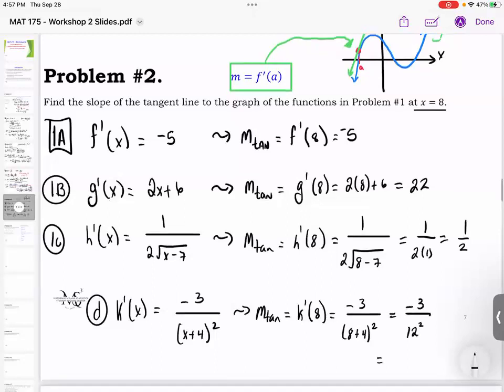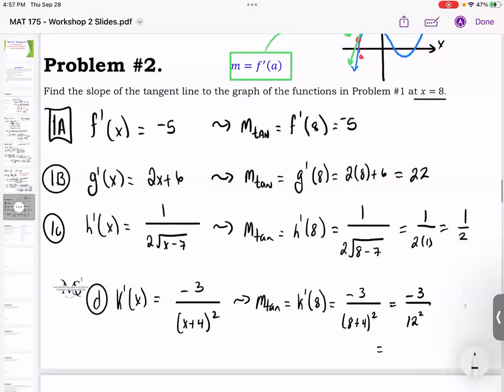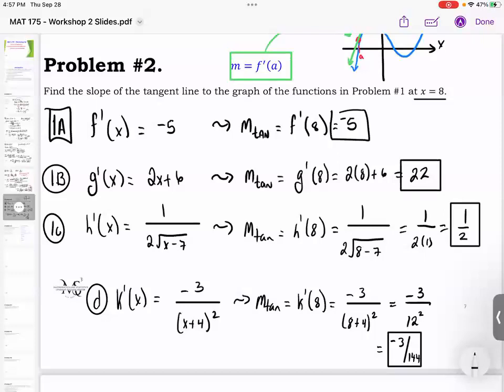But what is 12 to the second power? 144. So it's -3 over 144. And that would be your solution. And that's all it is to finding the slope of your tangent lines. Just plug in your value of x into your derivative function.